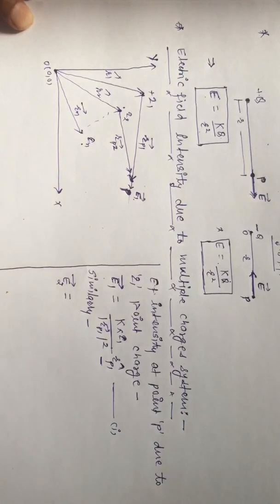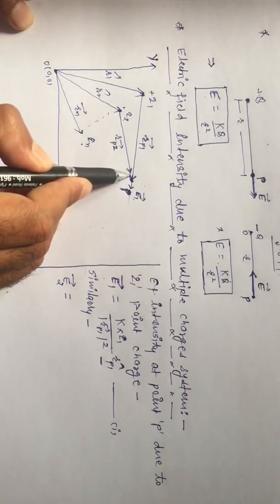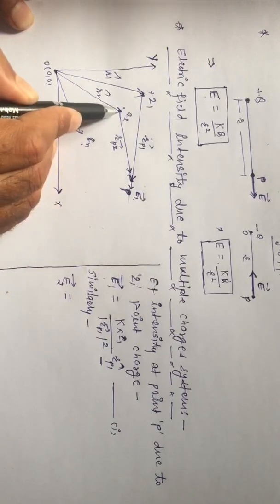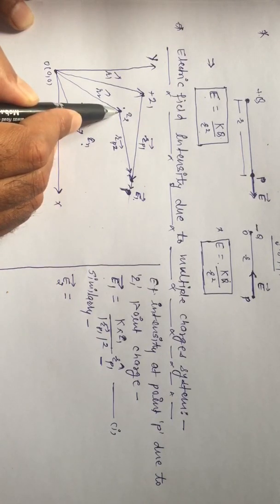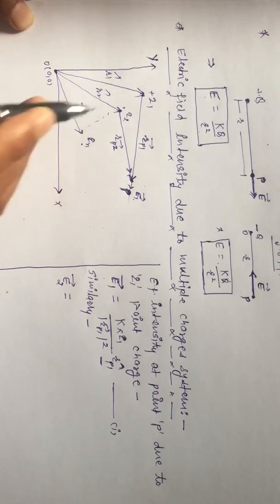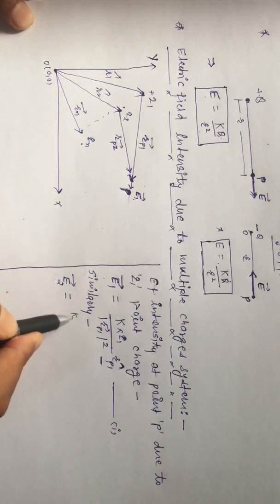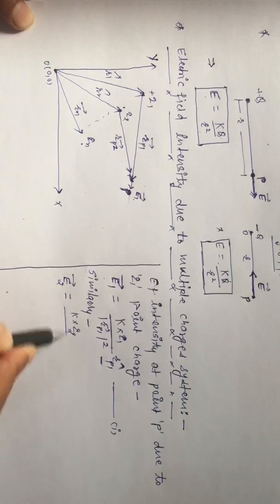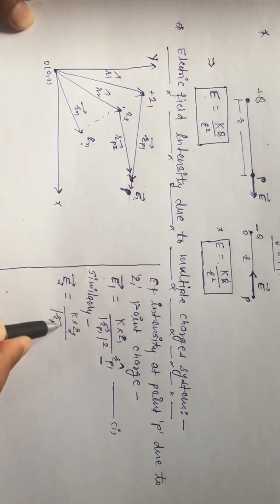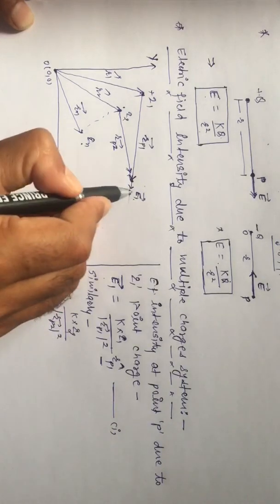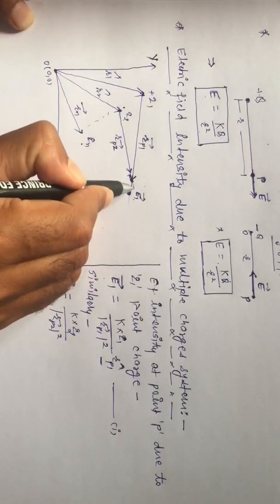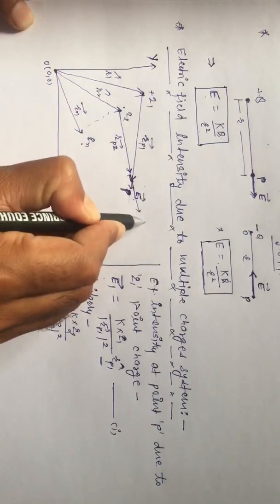Tell me what is rp2 vector at first. rp2 vector is the position vector of point P with respect to Q2 charge. Clear? Due to this point charge, the electric field intensity will be kQ2 upon magnitude of rp2 square, and dear students, again the direction will be away from the positive charge, in this direction.